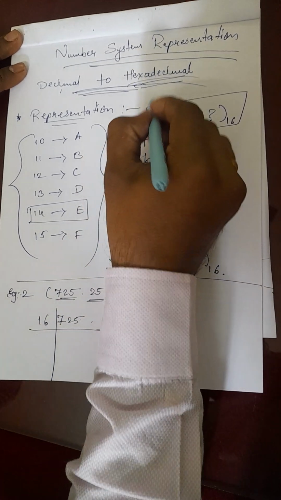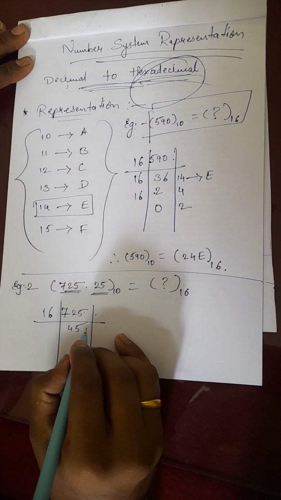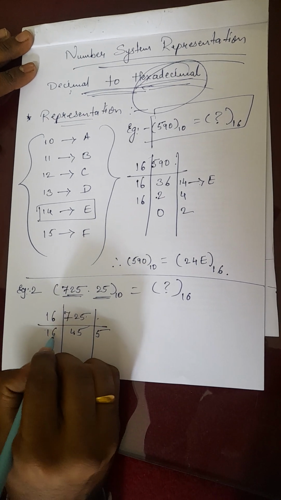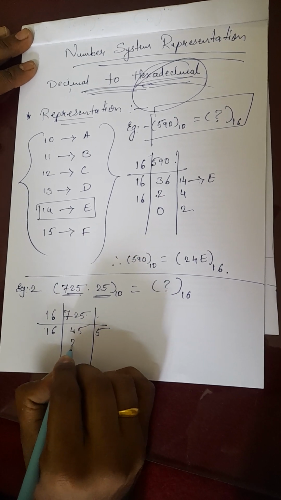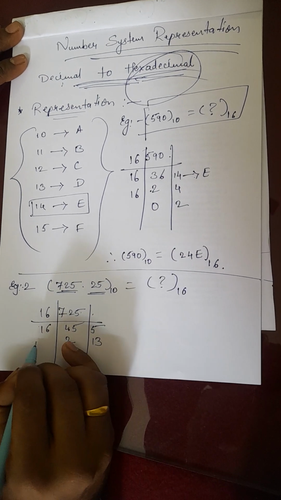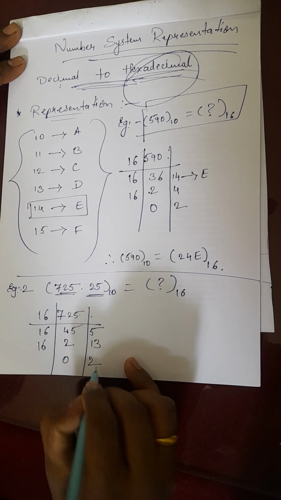Why 16? Because we are working for hexadecimal. It will be 45 and remainder 5. 45 divided by 16 gives 2 and remainder 13. 2 divided by 16 gives 0, remainder 2.